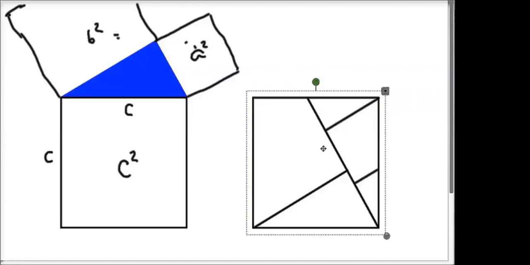Natalie is asking, what is Pythagoras? Great, that's a good question. Well, the theorem of Pythagoras is named after a Greek mathematician known as Pythagoras.